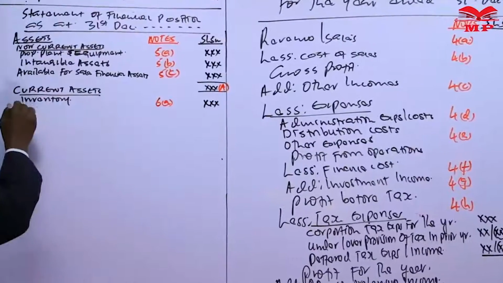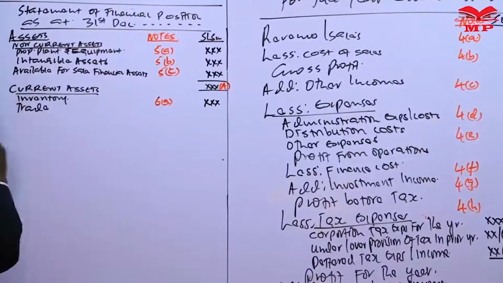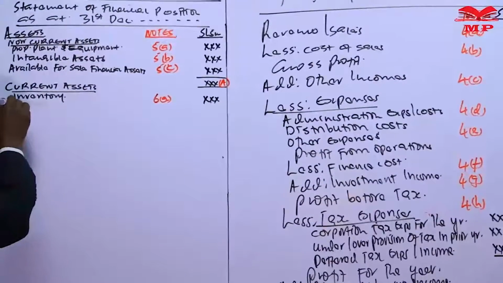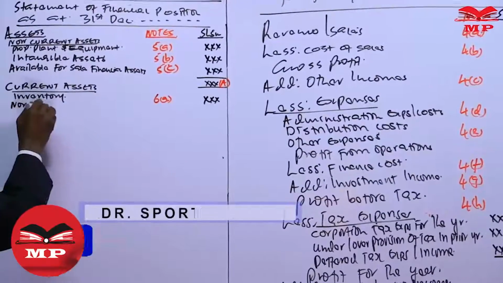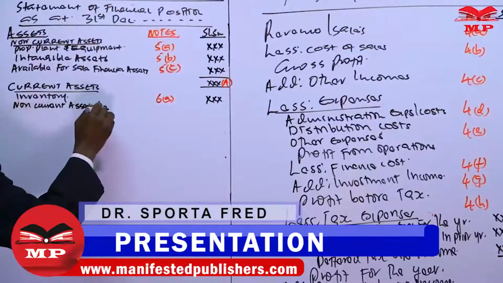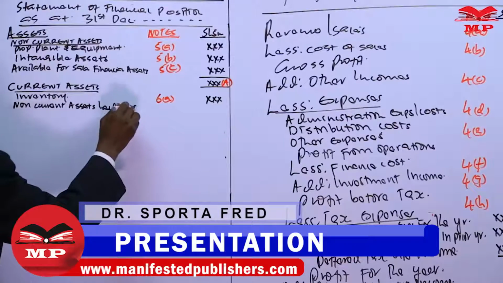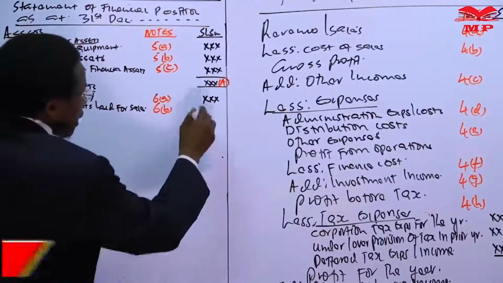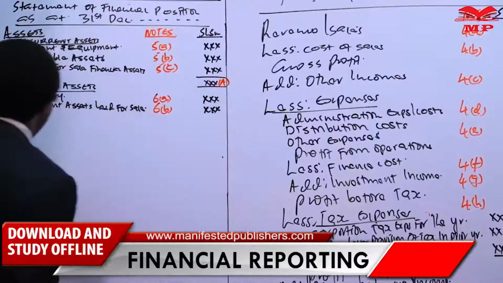Then you have the trade receivables. In fact, before trade receivables, friends, you may have non-current assets held for sale, in 6B, so you have it here, and you explain it in the notes of the financial statements.